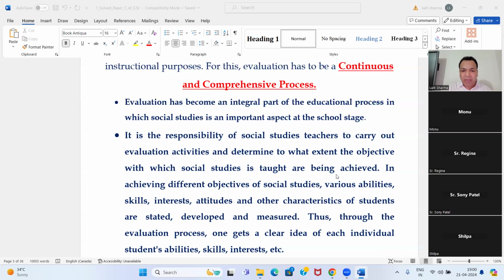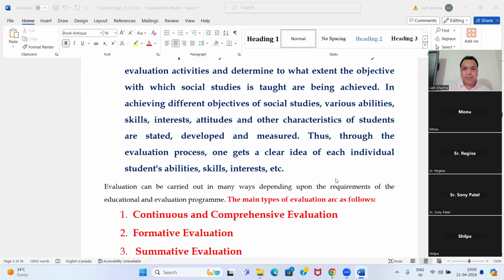In achieving different objectives of social science or social studies, various abilities, skills, interests, attitudes, and characteristics of the student are stated, developed, and measured. अब बताओ मुझे, tell me how you can say that a student is weak. This is your responsibility, guys.